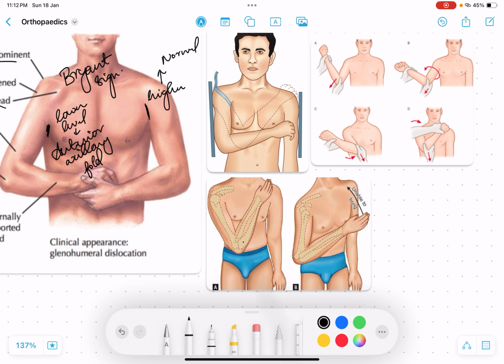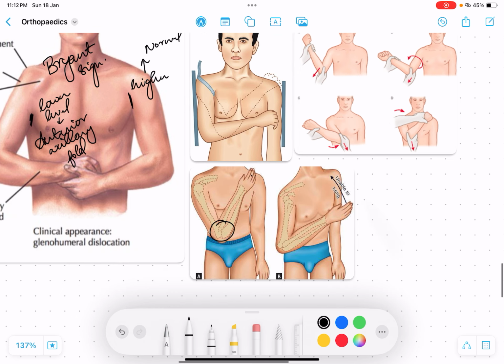In a normal person, the flexed elbow will touch his chest, but in shoulder dislocation, the elbow cannot touch the chest. This is the Dugas test: whether the flexed elbow is touching the chest or not.